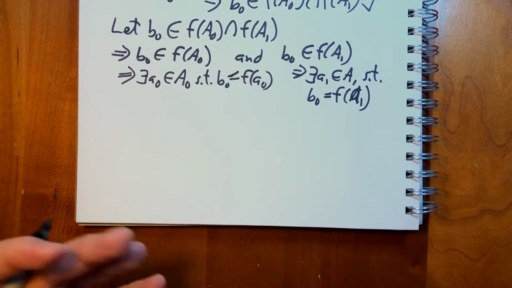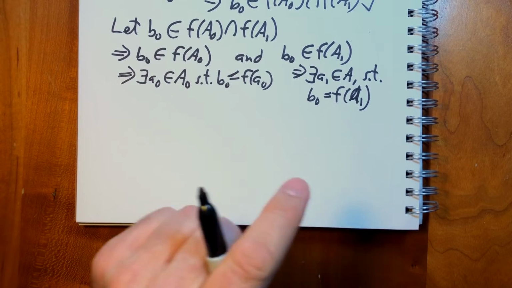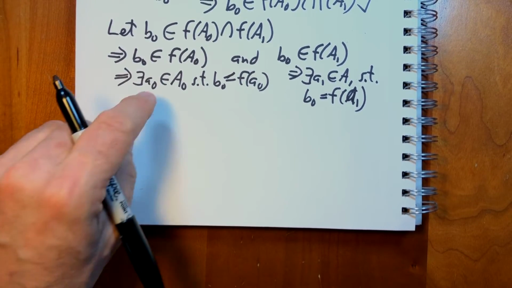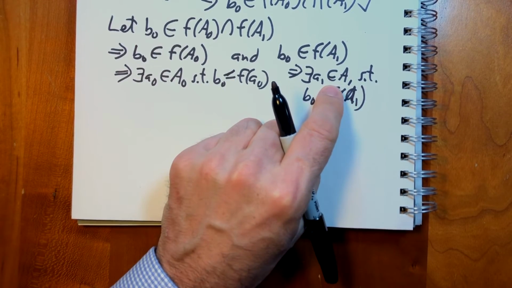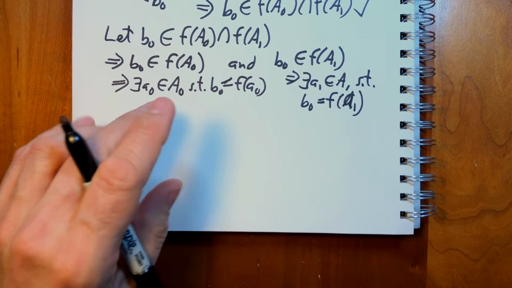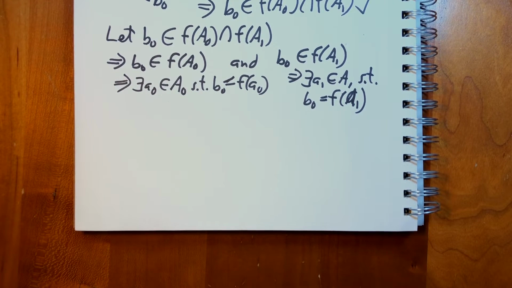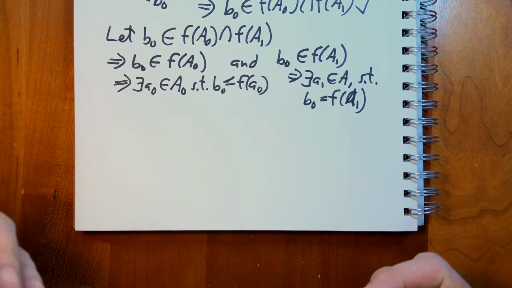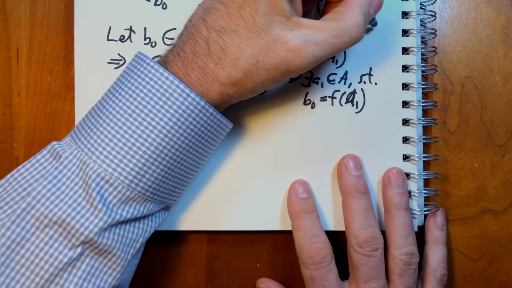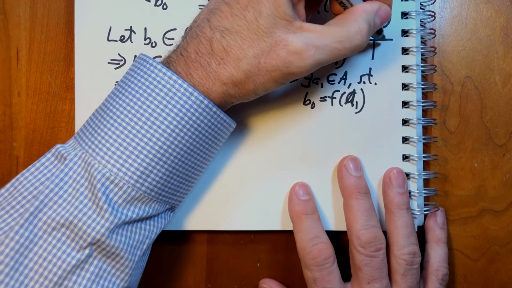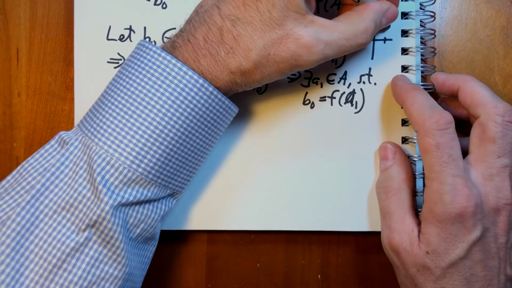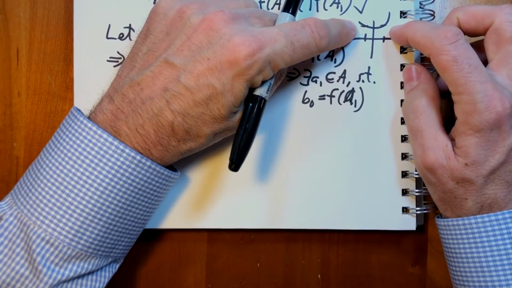We're getting good at this, right? Okay, so this is the spot where injectivity is needed. We can't say that a0 and a1 are in the intersection of A0 and A1 because, as I just said a minute ago, a0 and a1 could be different elements in completely different subsets and still evaluate to the same b0, okay?